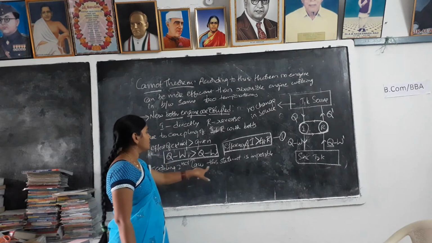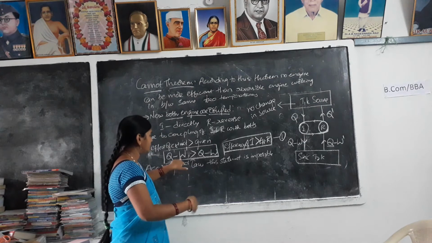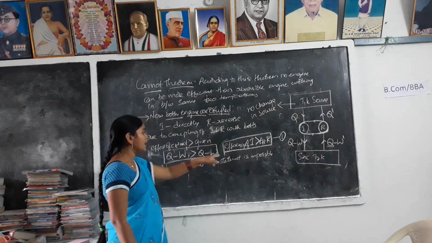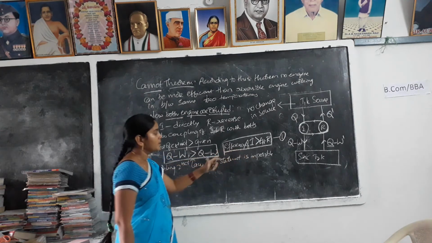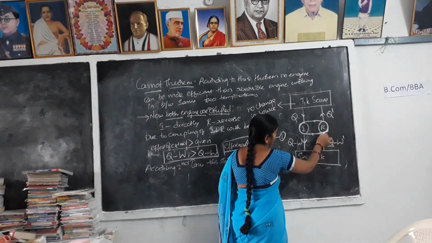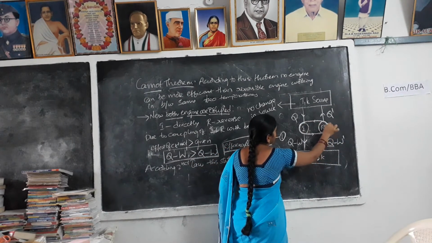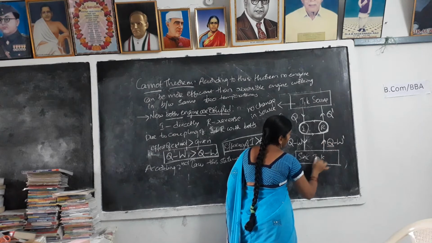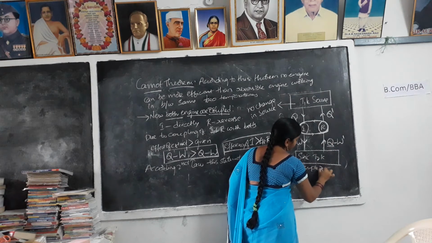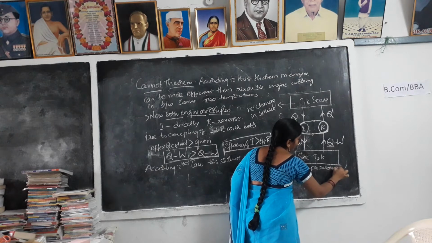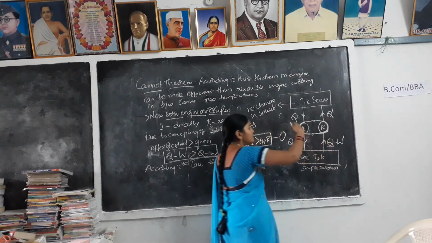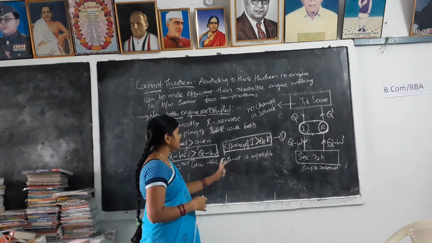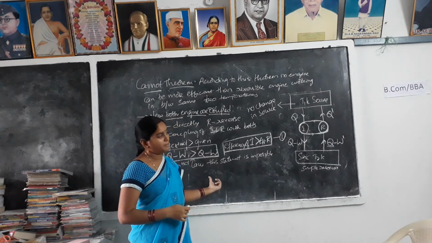So here also, by continuous absorption of heat from the body, it may collapse, right? So here the sink acts as a simple reservoir. So by absorbing the heat continuously, because here the two bodies are coupled, that means it is a continuous process. So continuously absorbing heat from a simple reservoir and converting it into work is impossible. So according to this second law of thermodynamics, this statement is impossible, right?